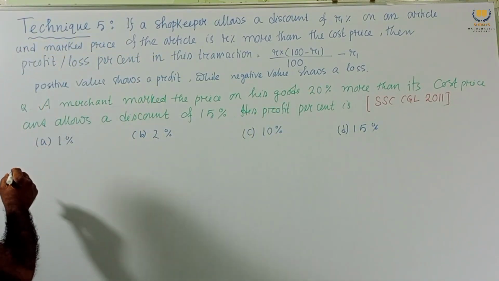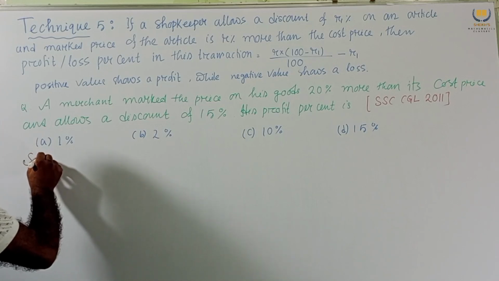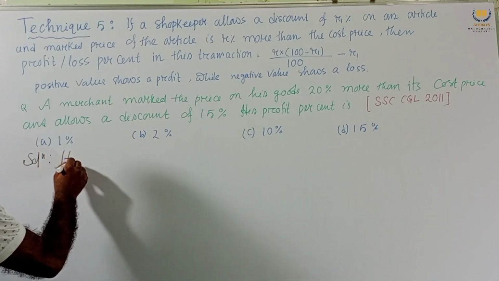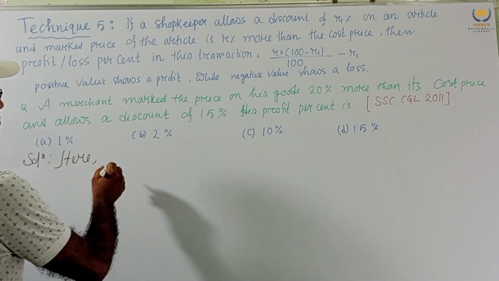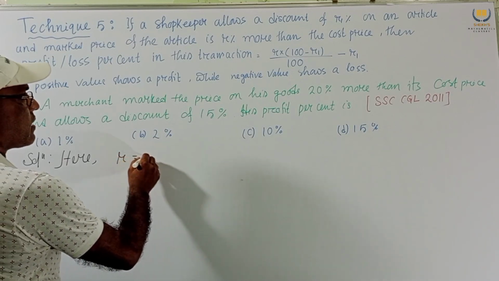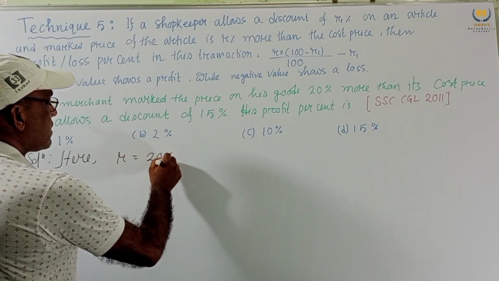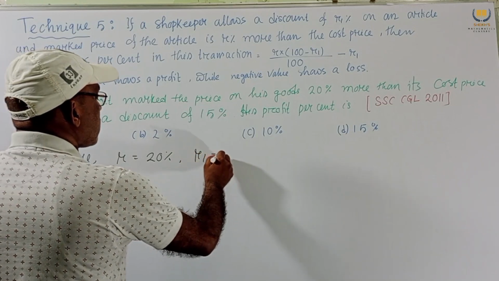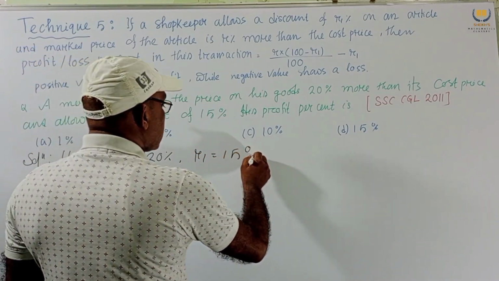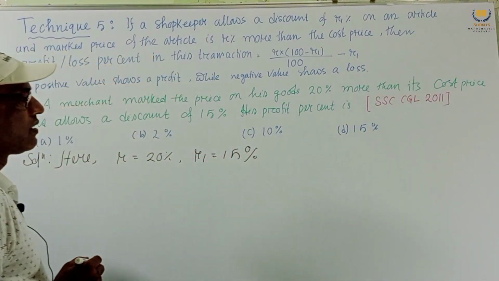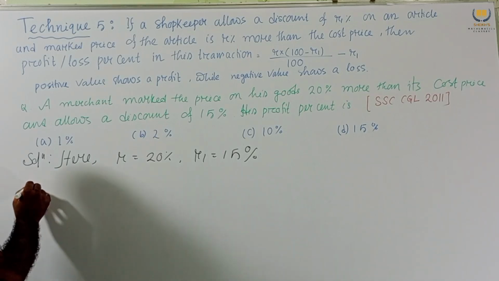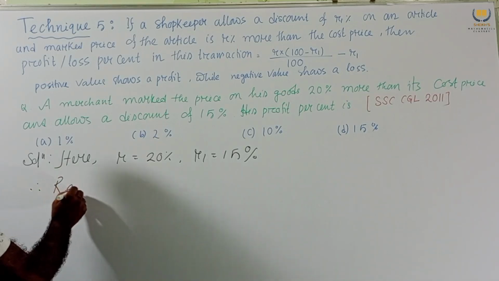So here the solution starts. Here we have small r equal to 20%, R1 equal to 15%. This is given. Therefore, our requirement is the profit.